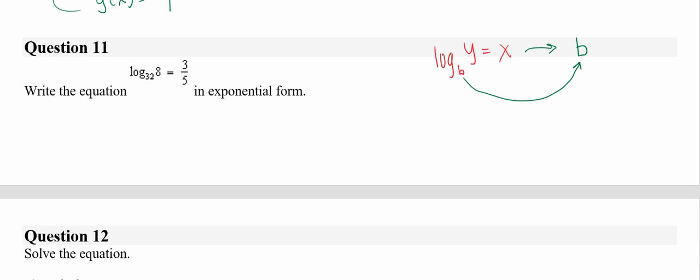And then these two right here switch. So it's going to be b with a power of x, and that equals y. So base is 32, switching 3/5 up in the power. It doesn't matter if it's a fraction. It's still just the exact same thing.